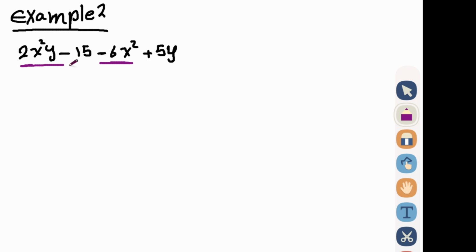And also we have a common factor between negative 15 and 5y. So we will do an initial step, which is to reorder the terms of this polynomial before grouping the terms which have a common factor. So let's do it. It will be equal to 2x squared y minus 6x squared minus 15 plus 5y.